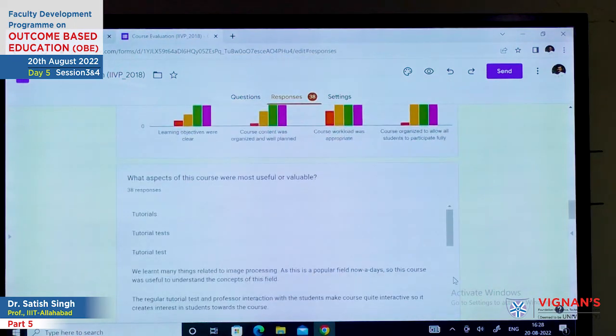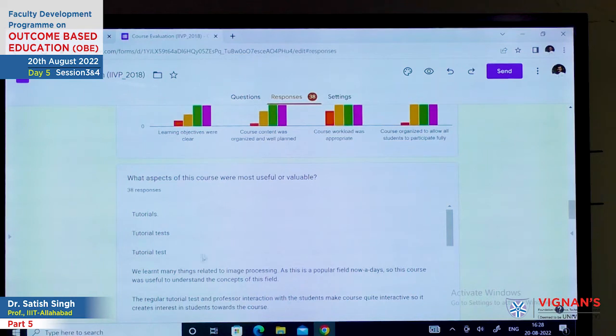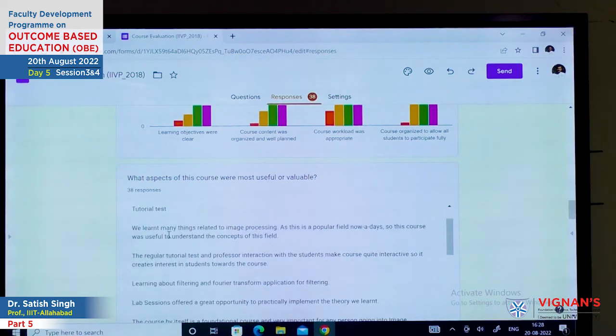Then, what aspects of this course were most useful and valuable? It means they should be allowed to write some free words. So, many things. Somebody wrote tutorial test, we learned many things related to procedure, problem, field.